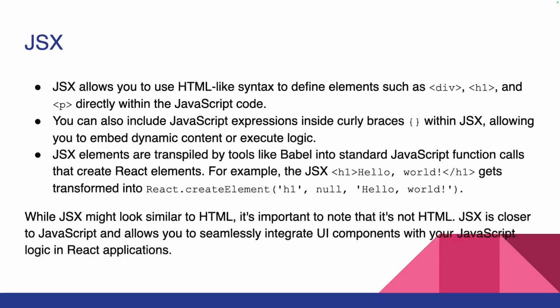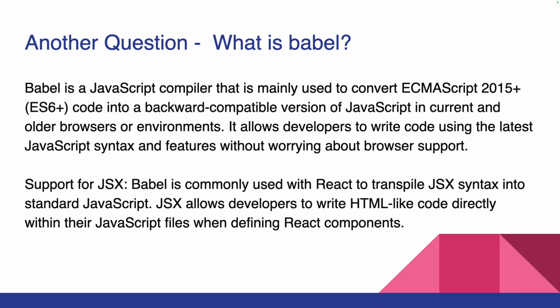These are things we already described. For example, the JSX gets transformed into React.createElement. After Babel transforms it, it becomes React createElement in this way.